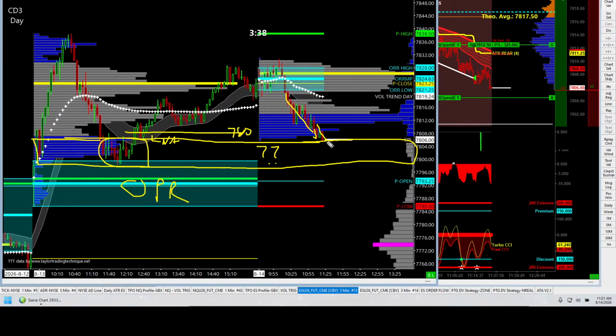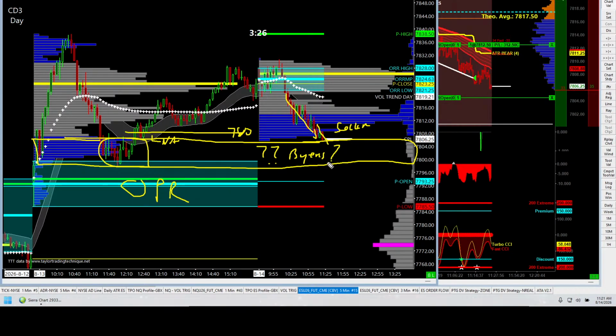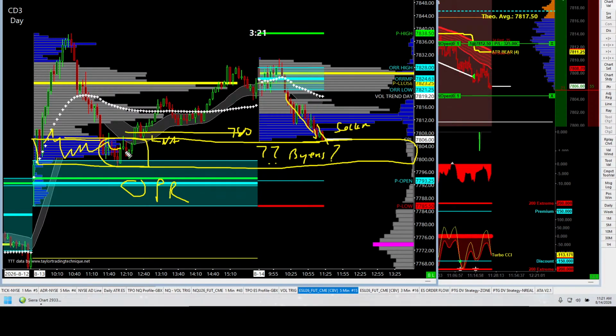What would we be looking for? Sellers are dominant right now. They're the aggressor at the moment. So do we get renewed buyers where we had a density area yesterday? I don't know. That's what we'll be looking for.